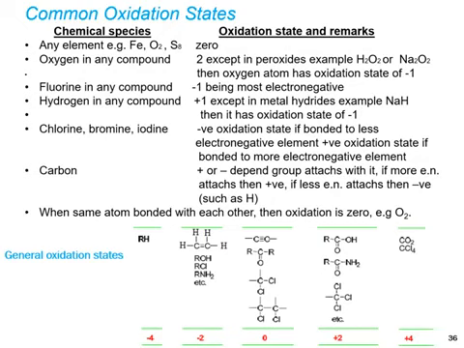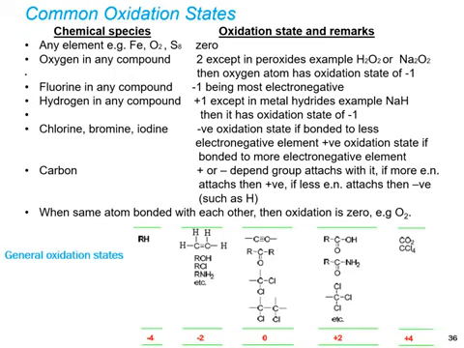Here are some rules to find the oxidation state of carbon. For any element in its elemental form, the oxidation state is 0. Oxygen has an oxidation state of -2, except in peroxides, for example hydrogen peroxide or sodium peroxide, where an oxygen atom has an oxidation state of -1.